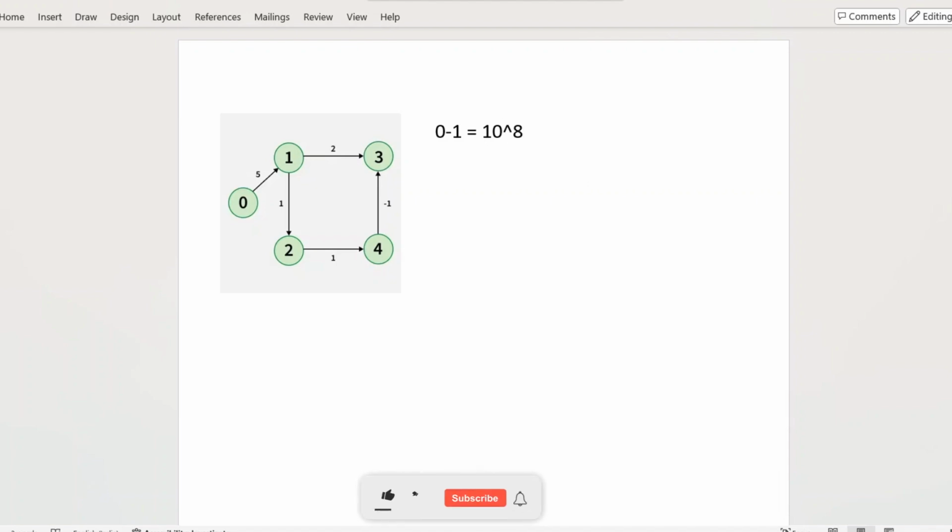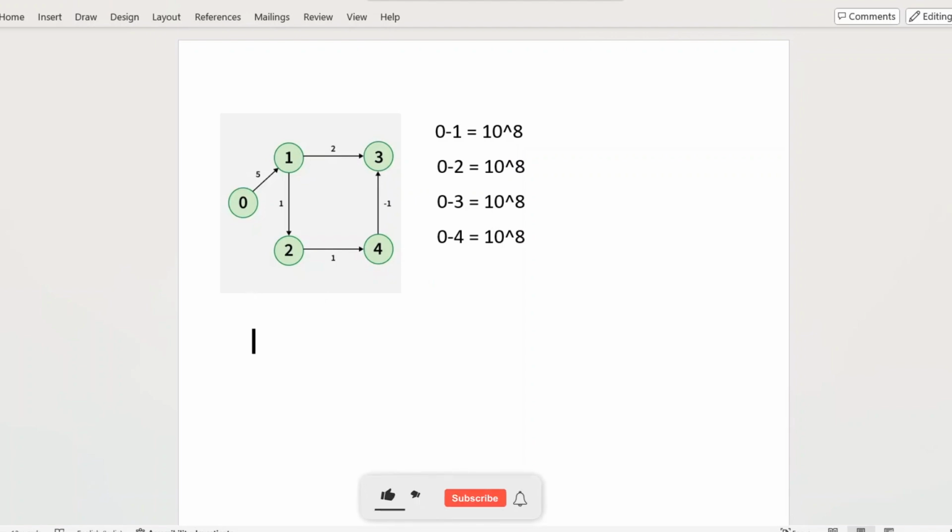So 0 to 1 is 10 power 8, 0 to 2 is also 10 power 8, 0 to 3 the shortest path is 10 power 8, and 0 to 4 the shortest path is 10 power 8. Given that there are 5 vertices, they are 0, 1, 2, 3, 4.